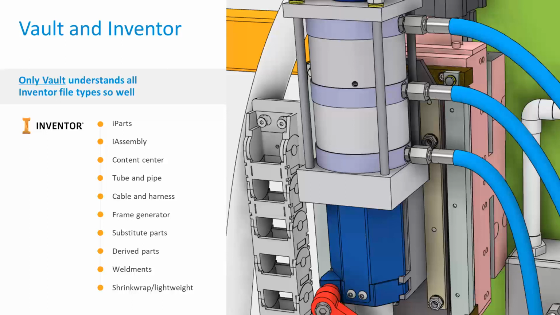Another vendor may say, we understand Autodesk files, but they don't understand iParts, iAssemblies, Frame Generator, substitute parts, or even our latest model states in Inventor 2022. These are very specific areas from Inventor, and only Vault understands it all.